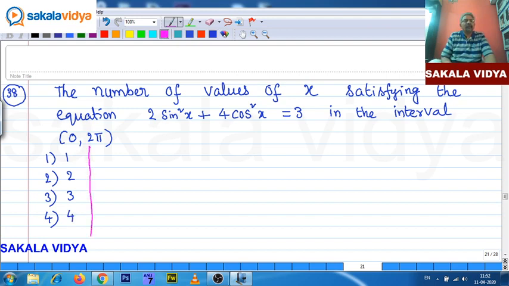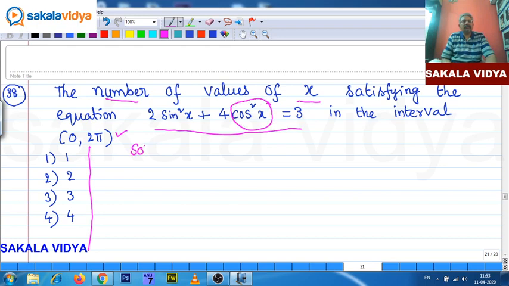Okay. The number of values of x satisfying the equation 2 sin square x plus 4 cos square x equal to 3 in the interval 0 comma 2 pi. Now we need to find out the solutions. In this problem we can change sin square x in terms of cos square x, or cos square x in terms of sin square x. Better let us change cos square x in terms of sin.